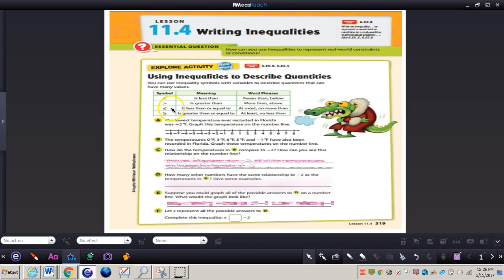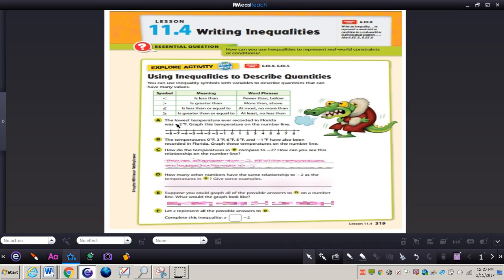Ones that might not be familiar: the less than symbol with a line underneath it means is less than or equal to. Some word phrases: at most or no more than. The next one, the greater than symbol with a line underneath it, means is greater than or equal to. Word phrases: at least or no less than.